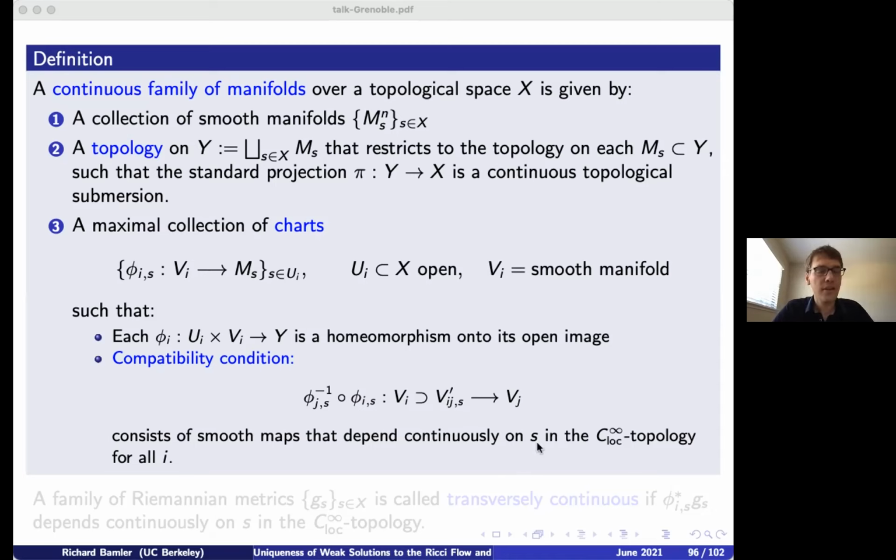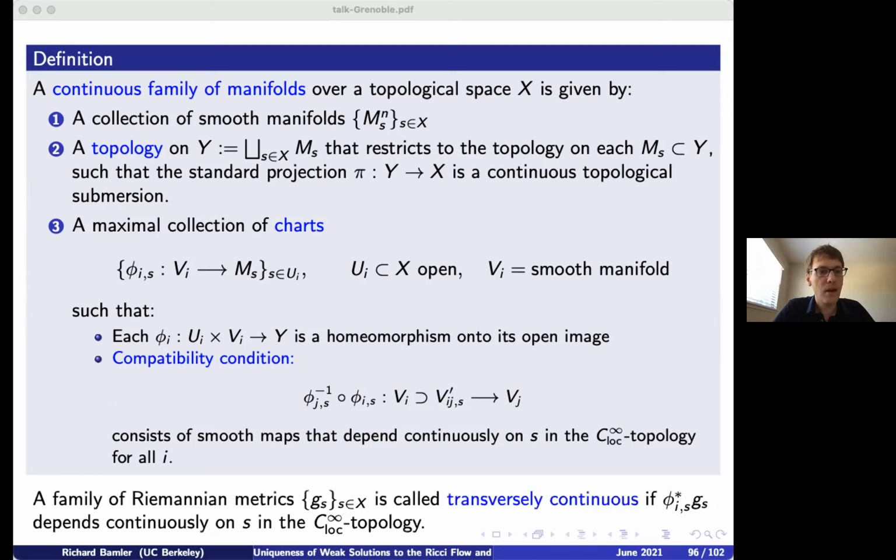So just for those people who work more on the topological side, this is essentially a submersion combined with elimination. Okay, this is a continuous family of manifolds. And so how do I define a continuous family of Riemannian manifolds? I could just fix a family of Riemannian metrics on each of the M_S, and then I just need to require that these Riemannian metrics are transversely continuous.